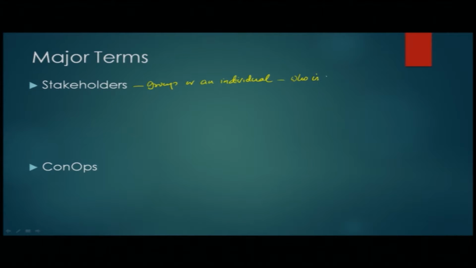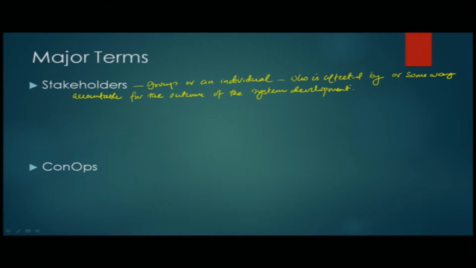Who is affected by, or in some way accountable for, the outcome of the system development. So, it is a group or an individual who is either affected by the system as such, or somewhere responsible for the outcome, the final system that is derived.